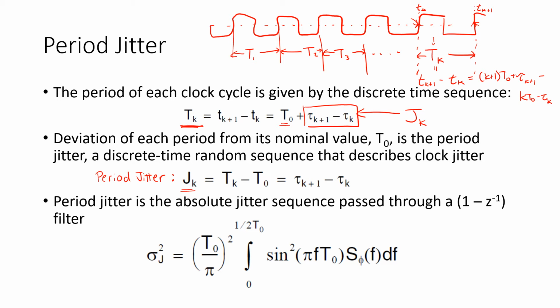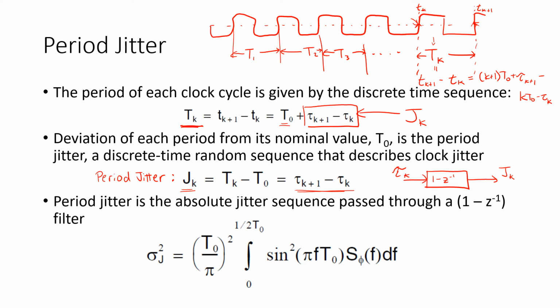Now, the interesting thing that you'll notice is that this period jitter sequence J_k is related to the absolute jitter sequence by simply a discrete time differentiation. So if we imagine the signal flow here, if we have an absolute jitter sequence tau_k, and we put it through a 1 minus z inverse filter, what we get out is the jitter sequence, J_k.